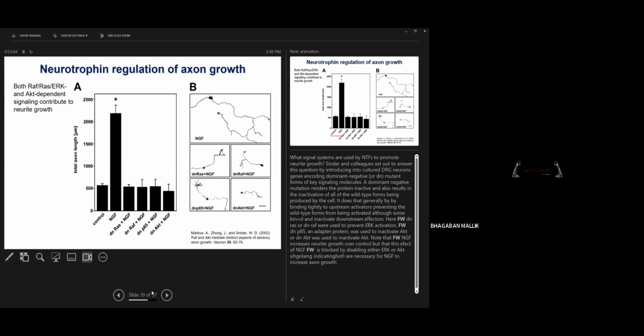In the control you have more axon growth, but with the dominant negative effectors you do not have neuronal growth. So that means neurotrophins regulate axon growth.